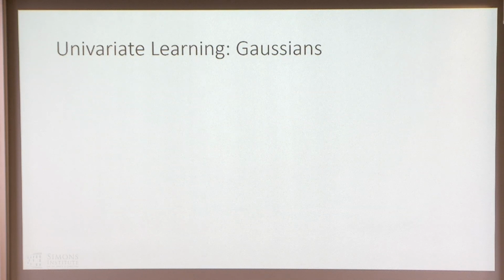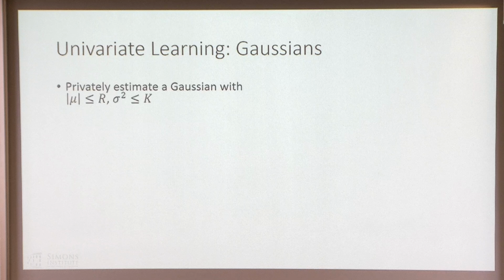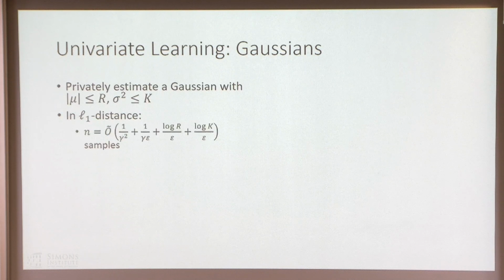Okay, so what about Gaussians? Sasha talked a bit about this before, but essentially a result by Gaboardi, Lim, Rogers, and Vadhan shows that the sample complexity is this expression here. You can see that the leading term is still 1 over gamma squared, which is the non-private complexity.